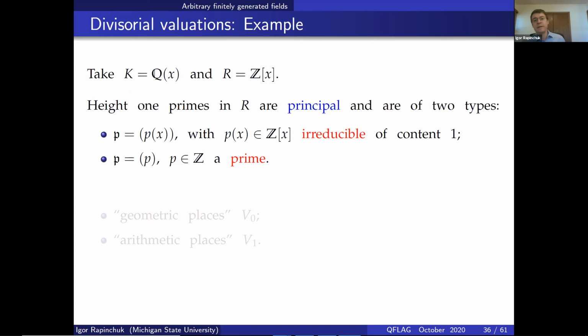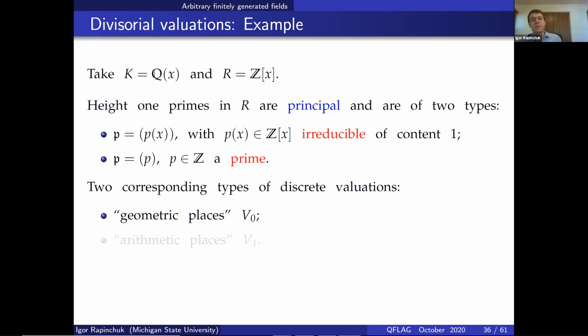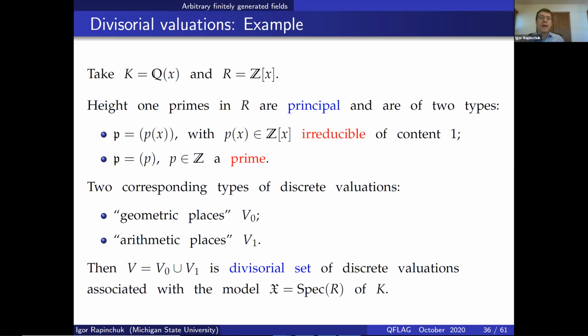And then we have the prime ideals generated by primes p. For each type of ideal, we have the corresponding discrete valuations. Those associated with ideals of the first type are sometimes called the geometric places, and those associated with the second type are sometimes called the arithmetic places. Then the divisorial set associated with the model Spec R is simply the union of V_0 and V_1. So this is the kind of setup that we're working in.